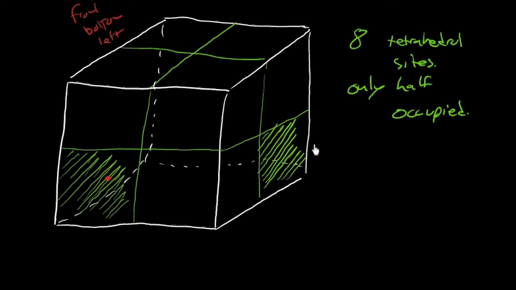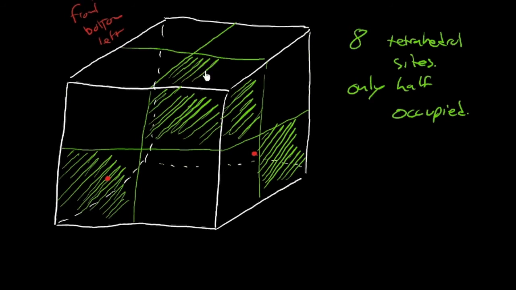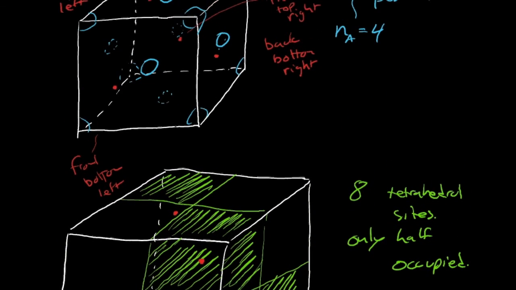Well, this one here, back, bottom, right, and then this one here. They're staggered. Why are they staggered? They're staggered to separate like charges, these cations, maximally in space. Maximum spatial separation by staggering like this. And by only occupying half, you maintain the stoichiometry. That's 1-to-1 anion to cation. And so that's the zinc blende crystal structure.